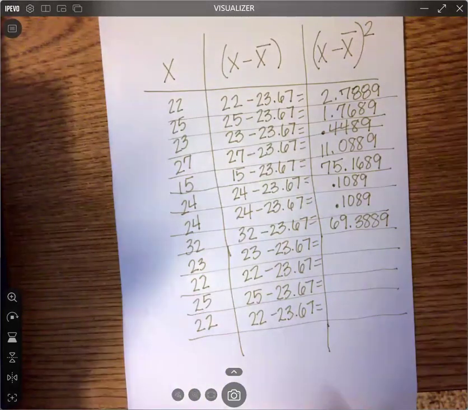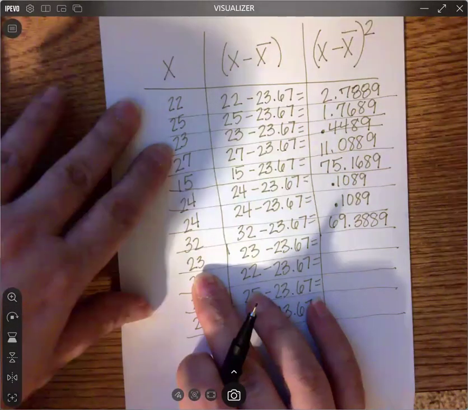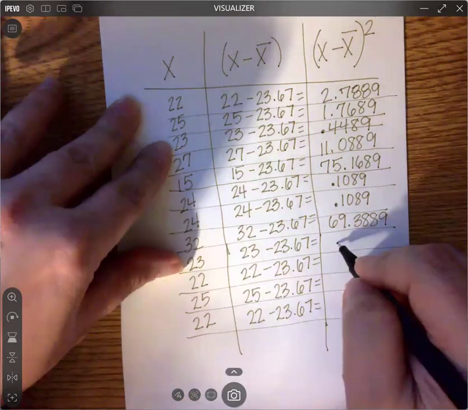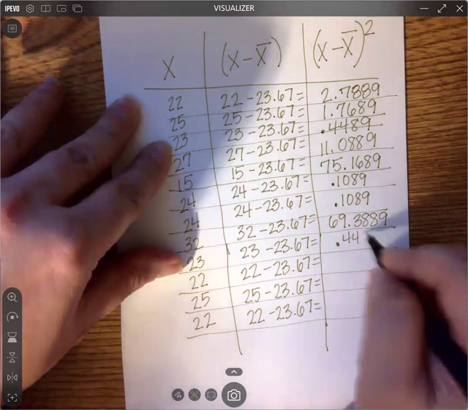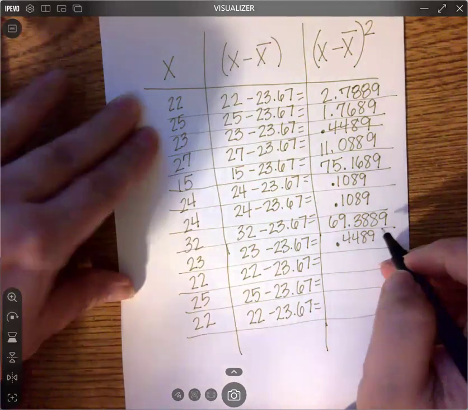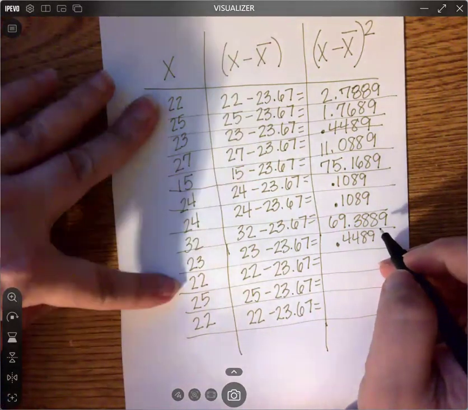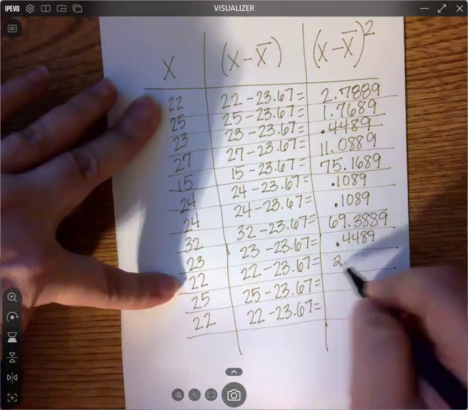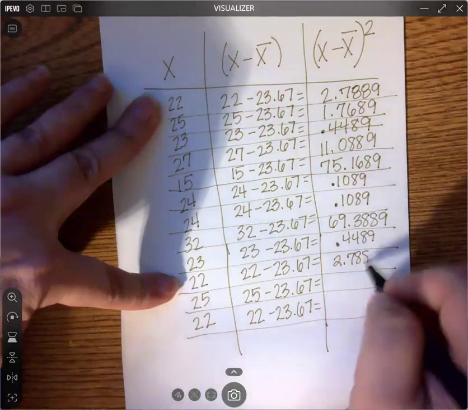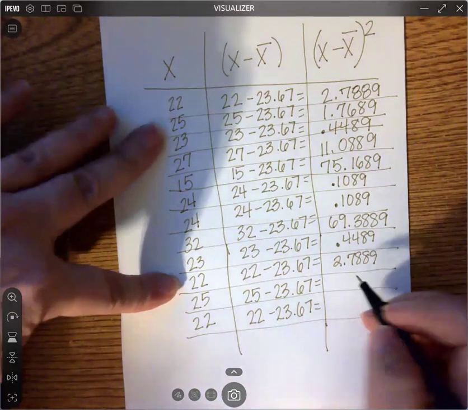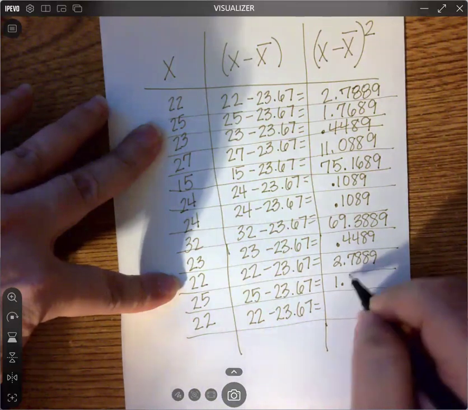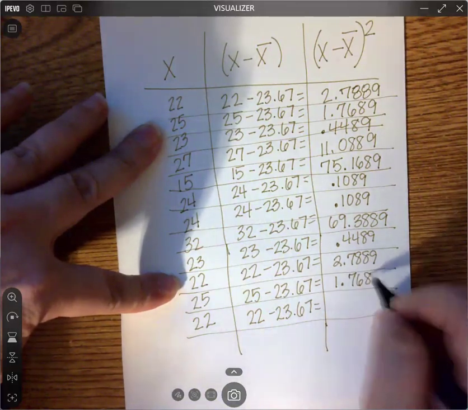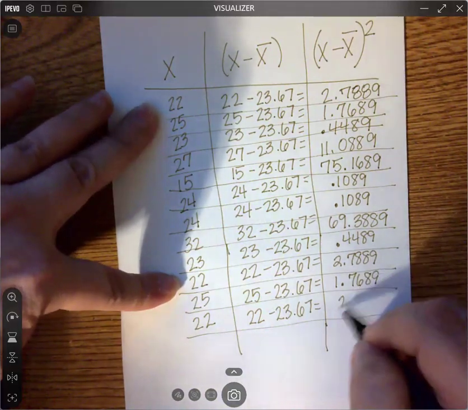But 23, we've already done up here, so I can just copy that one, 0.4489. 22, we've already done, 2.7889. 25, we've already done. And there's 22 again.